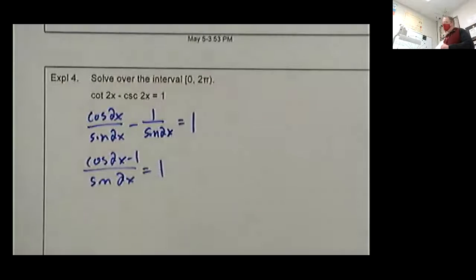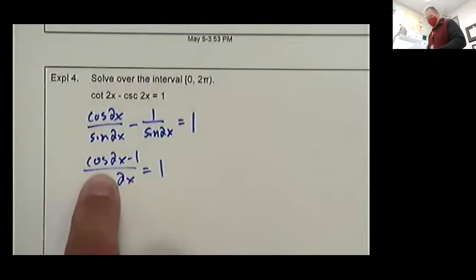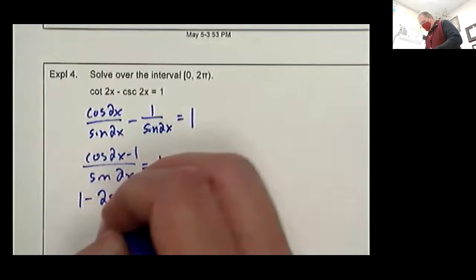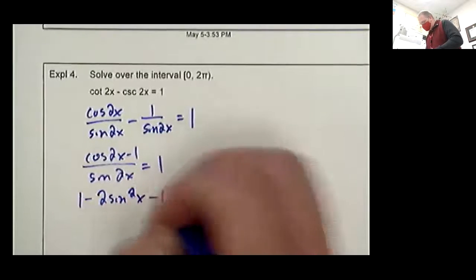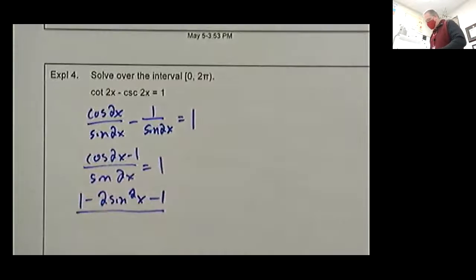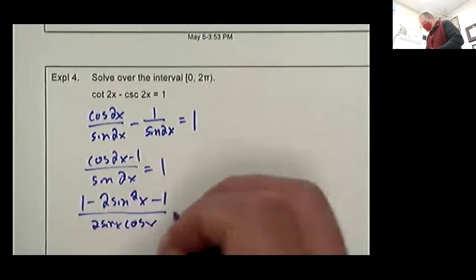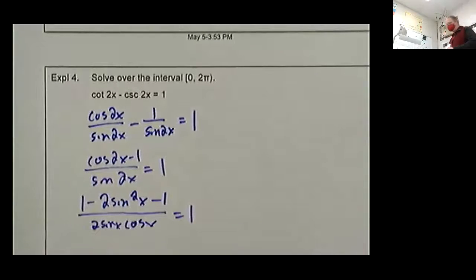Now we have our double angle identities in terms of sine and cosine. So now we can plug in our double angle identities. For cosine of 2x, we're going to look up that identity. That is, again, 1 minus 2 sine squared of x minus 1. For sine of 2x, that's 2 sine of x cosine of x, and that still equals 1.